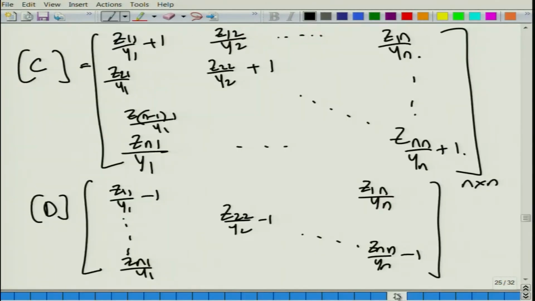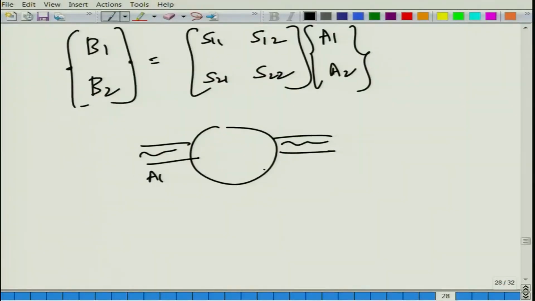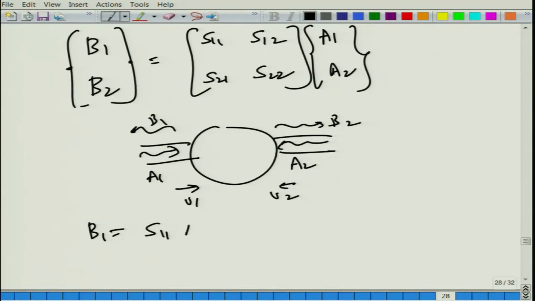What it means, and it has great significance, is that when you consider a system like this, A1 is the incident wave here, and A2 is the incident wave here, and this is B1, this is B2, and the direction of mass velocity is considered positive into the system, V1, V2.